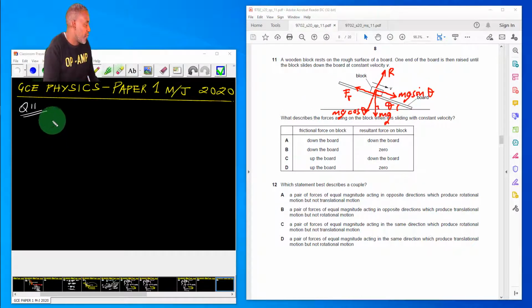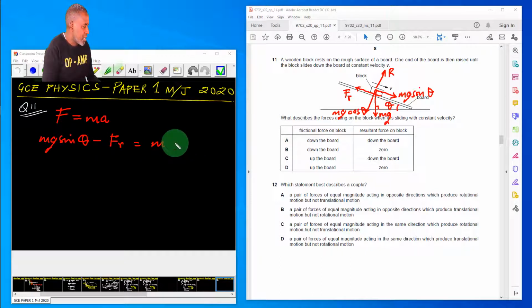When we resolve, we can use the equation force is equal to ma. Down the incline, we can resolve those forces and say mg sin theta minus frictional force will be equal to mass times 0, because the acceleration is 0.